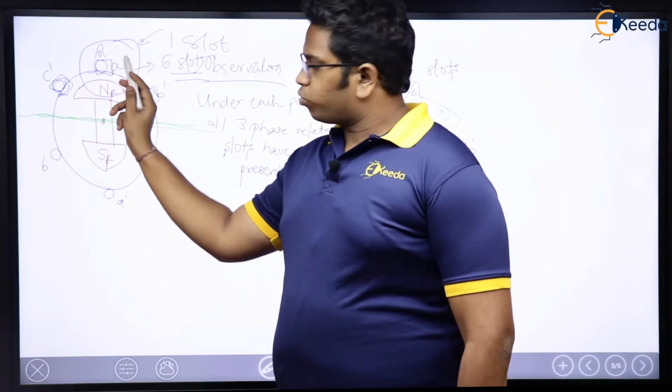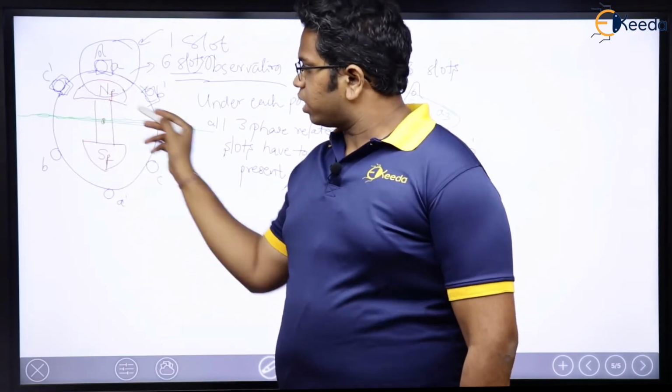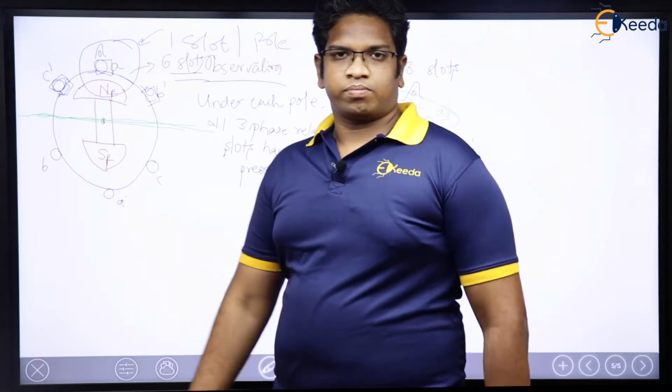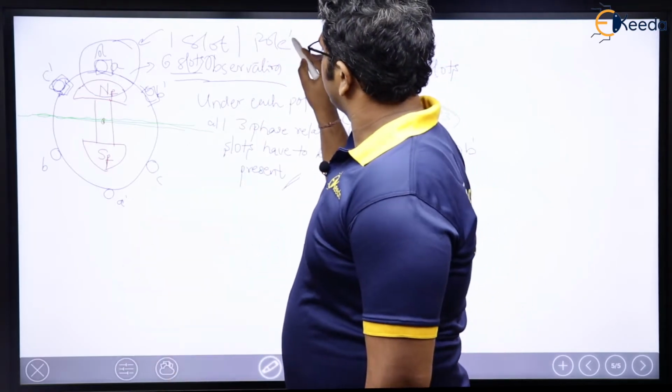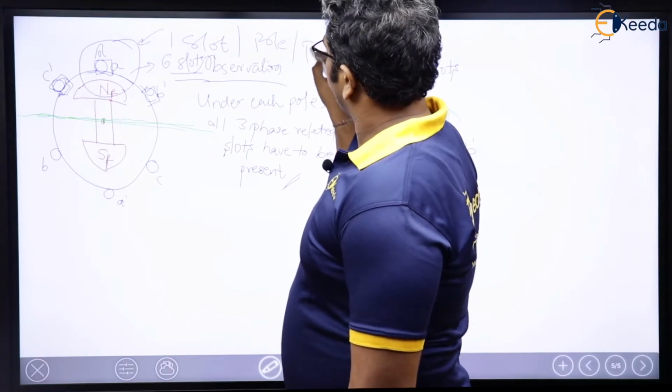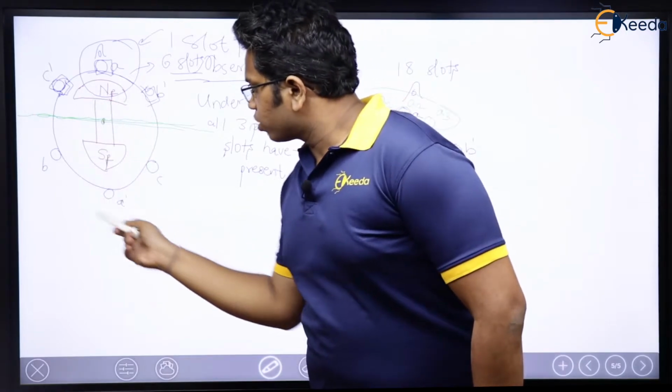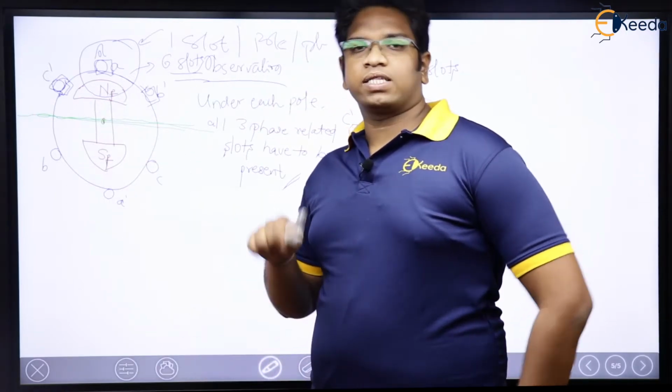Now this particular one slot, if you see, was under one pole and it was of one phase. Very simple. See here, the total number of slots, how much are they? 6.